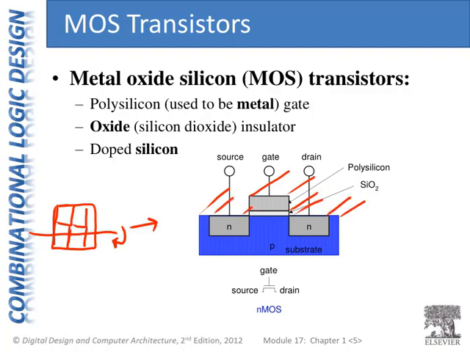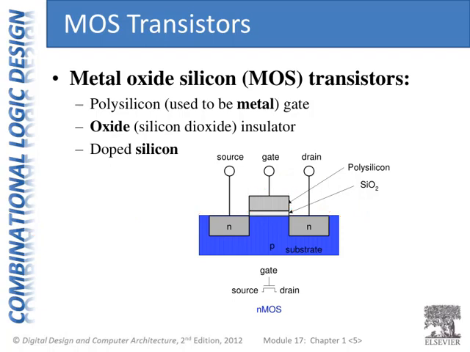Okay, so the way that we build this transistor is first we take some silicon, it's P-type silicon, it's called the substrate, and then we have these N-type diffusions. Don't worry about that word too much. We have these N-type areas here on either side, separated by this P-type substrate.